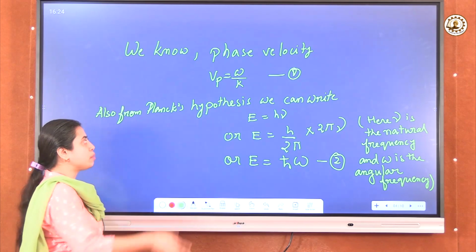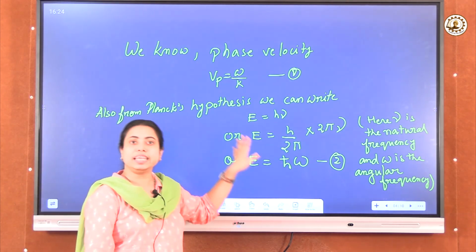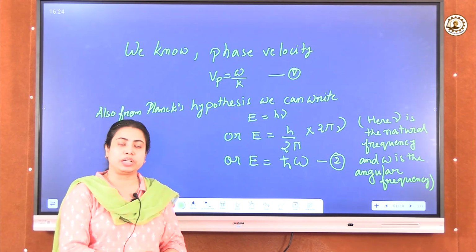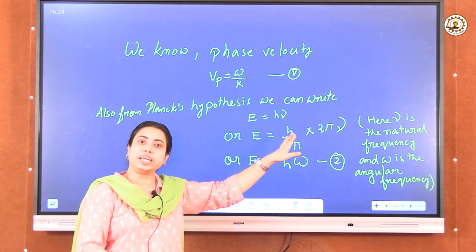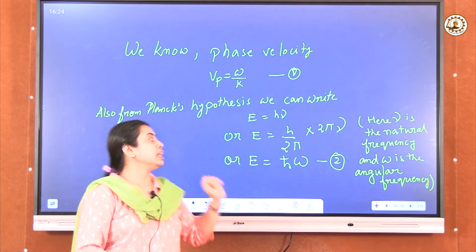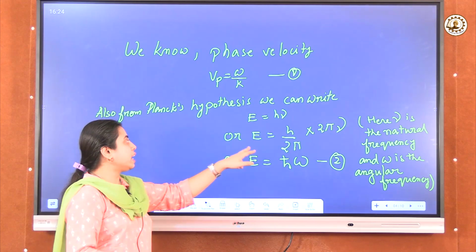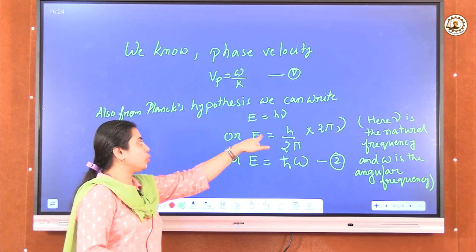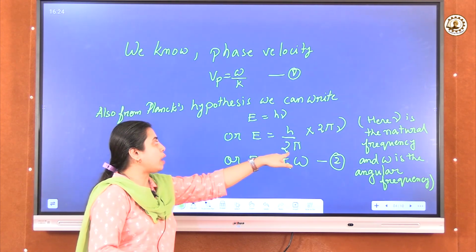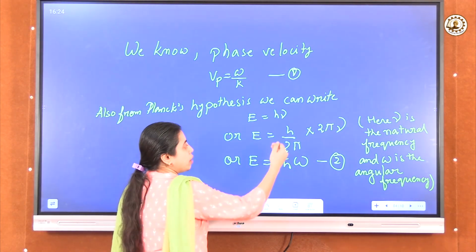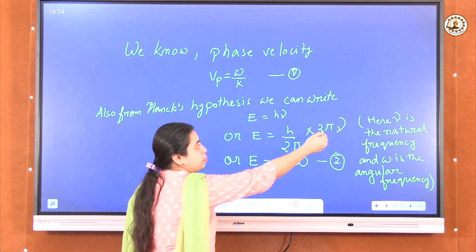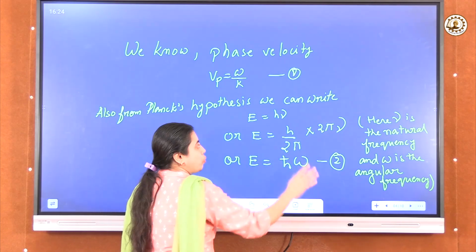Now from Planck's hypothesis we can write E, means energy, is equal to h nu, where h is Planck's constant and nu is the natural frequency. Now we can write E is equal to h by 2 pi into 2 pi nu. Means I am dividing by 2 pi and multiplying again by 2 pi. Why?